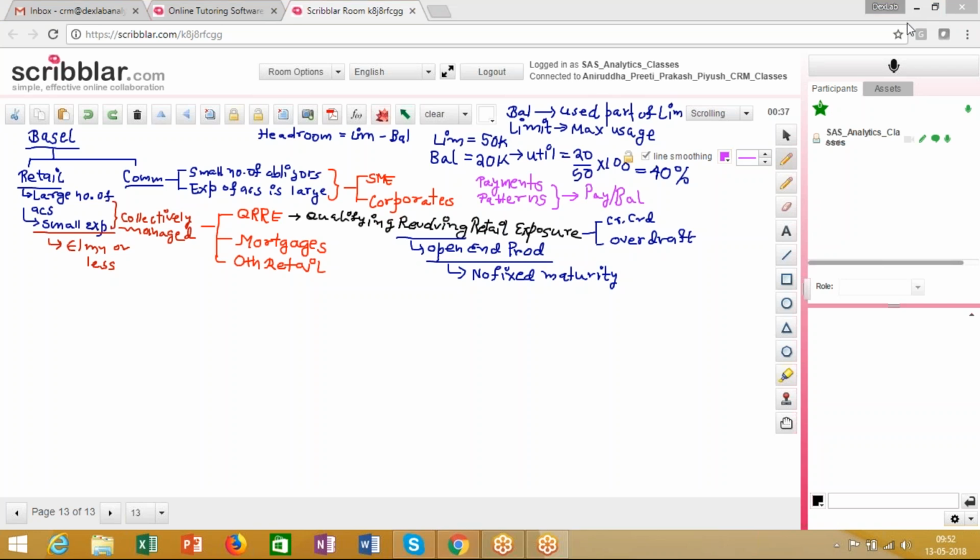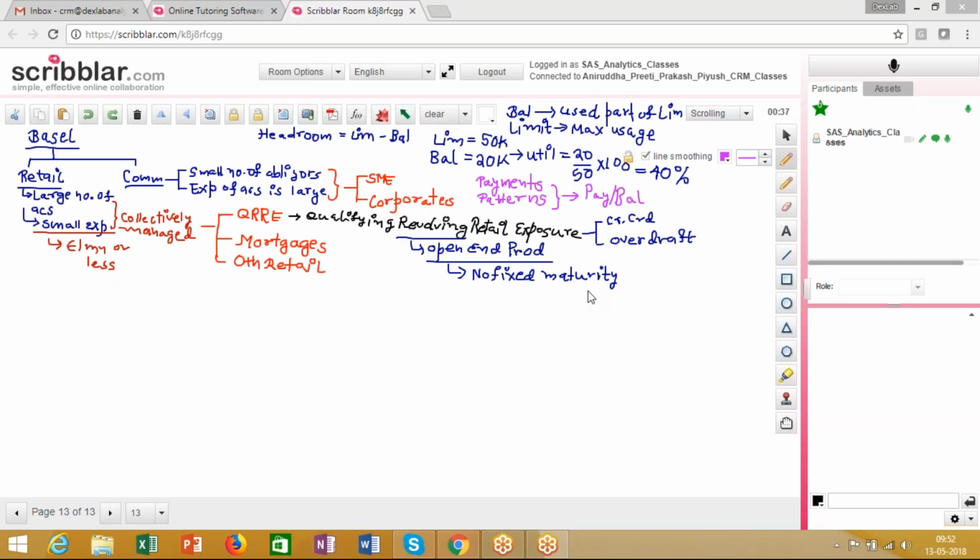Before I proceed further, Akash has a question: what percentage of utilization of credit limit is considered safe utilization? Generally, credit bureau experts say that it's always safe to have a utilization less than or equal to 30%. So you utilize 30% of your credit card limit and you keep on giving it back.